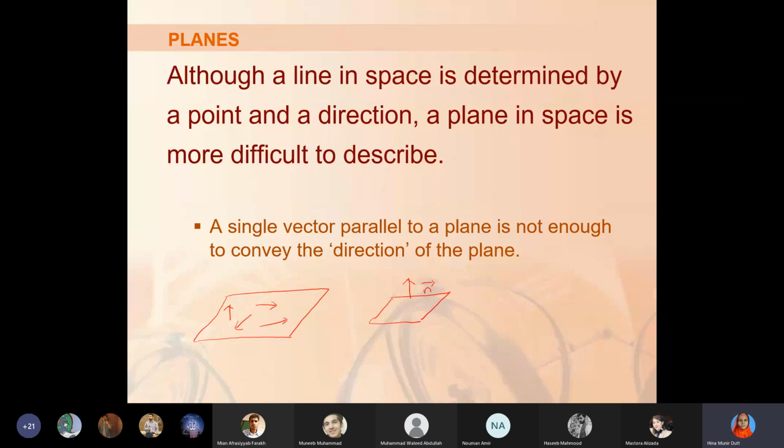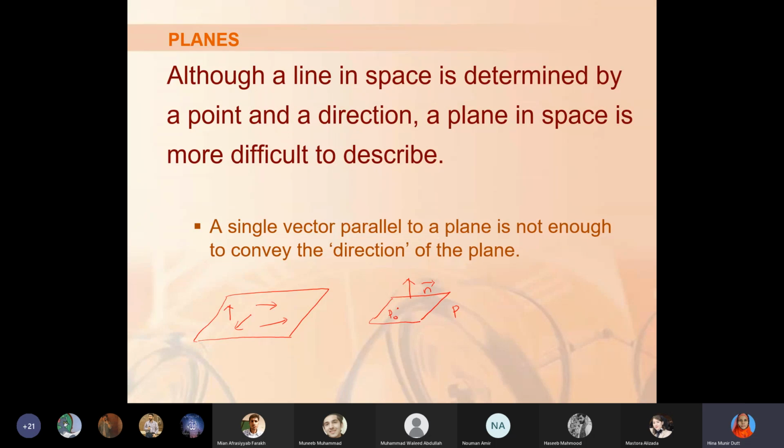Let's call it plane P. And if I mention the point P naught, then I will uniquely determine the plane P. That is, it is perpendicular to the vector n and the point P naught lies on the plane.